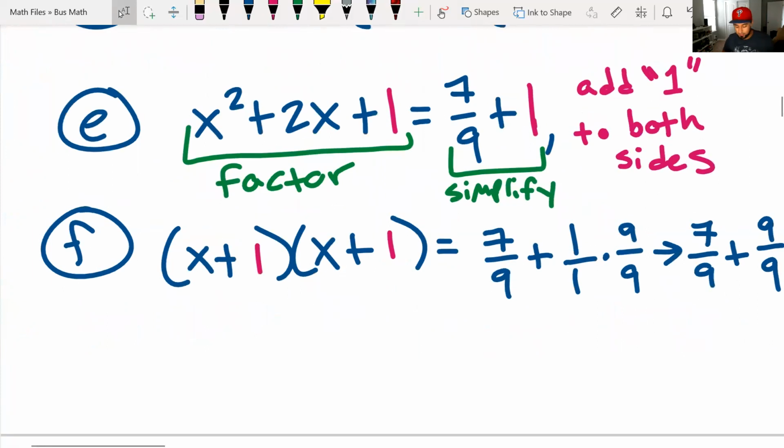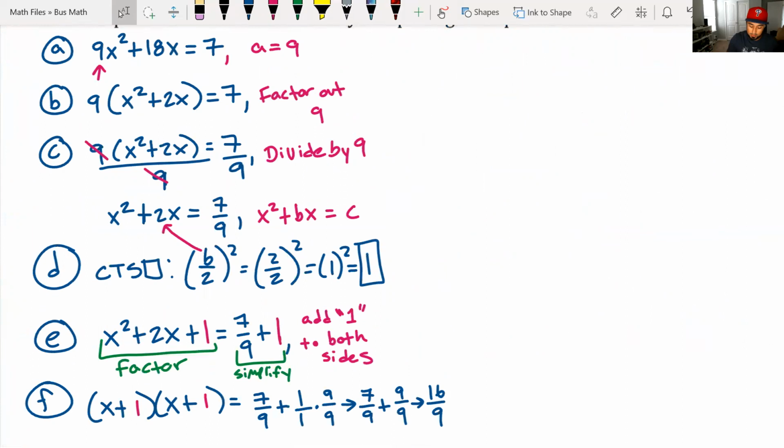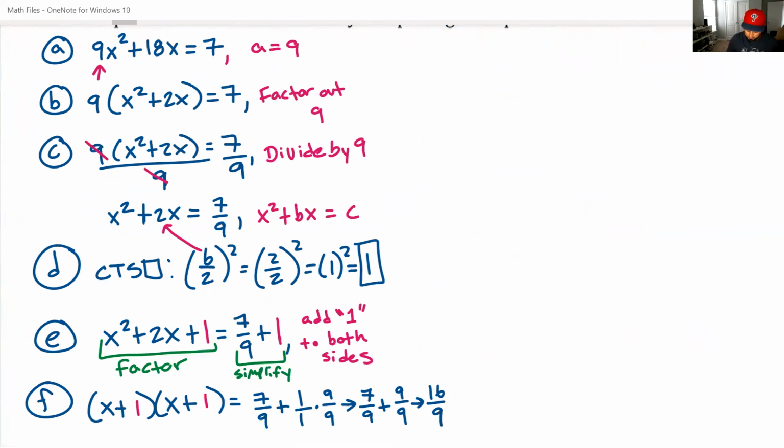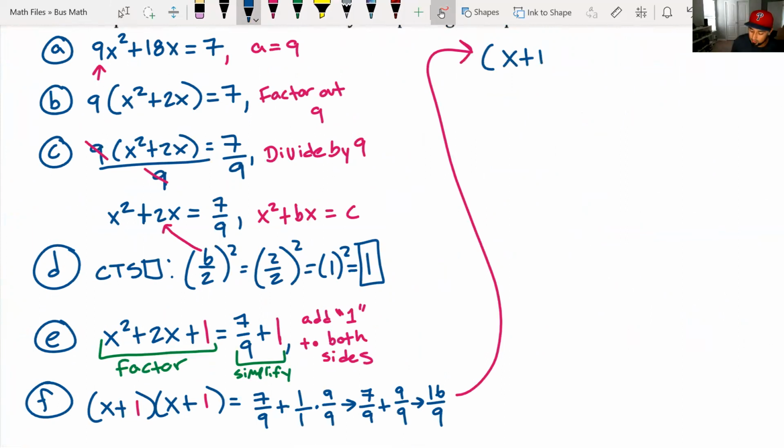Now, sum it up. I just have room over here. E, F, G is my next one. So we'll move up here. I have x plus 1 squared equal to 16/9.